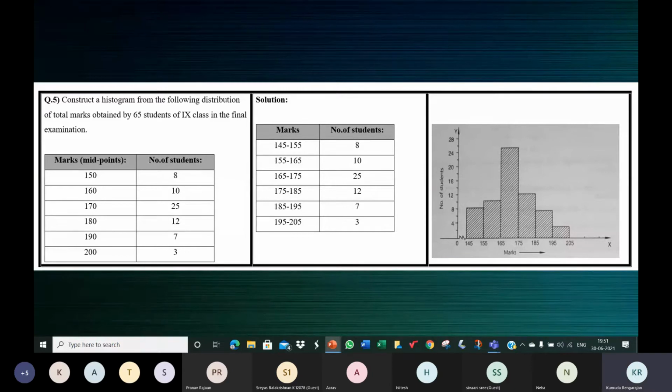Graph has its own disadvantage. Not always can you represent it accurately. If you take scale 2 along the y-axis, 1 centimeter equal to 2 units, then you can show every rectangle perfectly to its height.